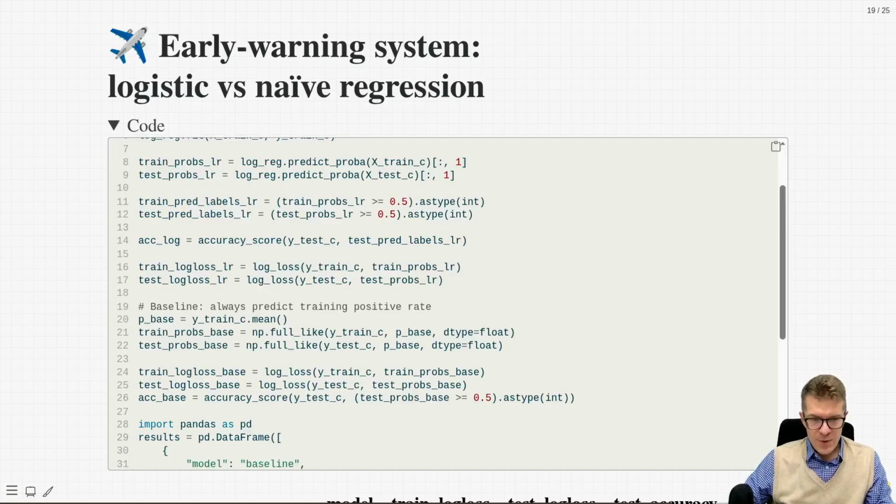Just count the number of times that the positive class occurs in our training data, and estimate that as the probability of failure. So this super simple baseline is not a function of X at all. It doesn't factor in the oil temperature or the vibration whatsoever. It just says, well, the positive class occurs X times in my training data.